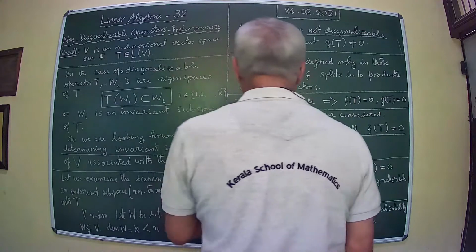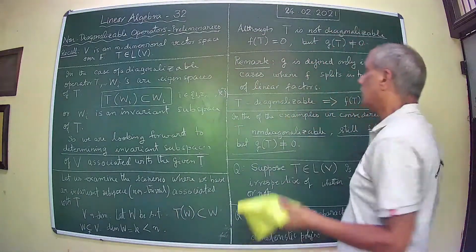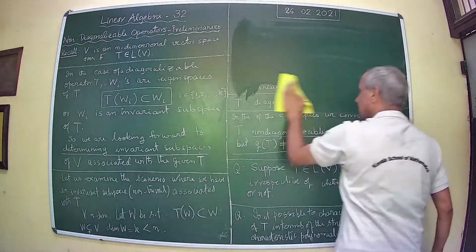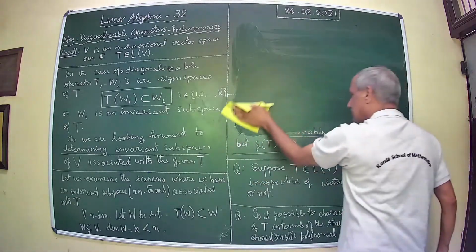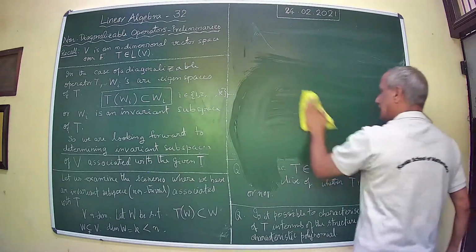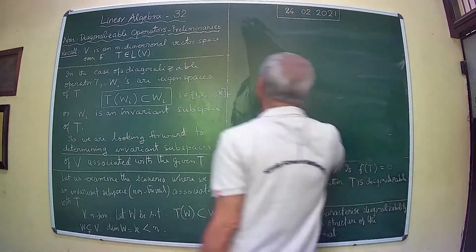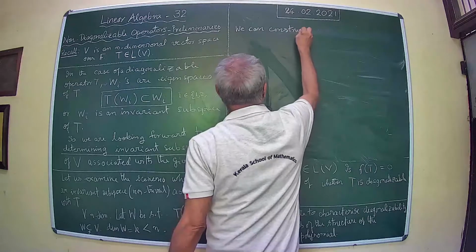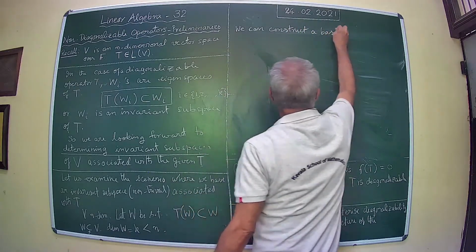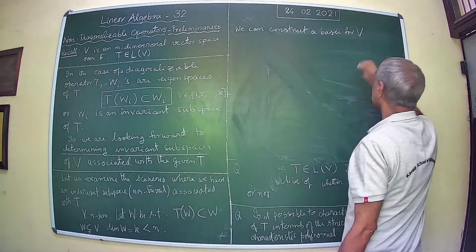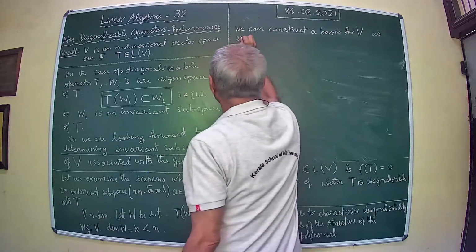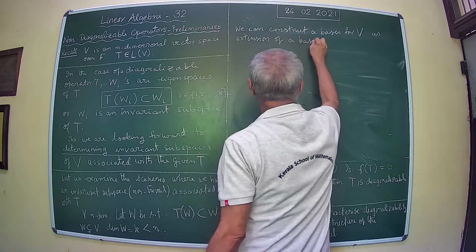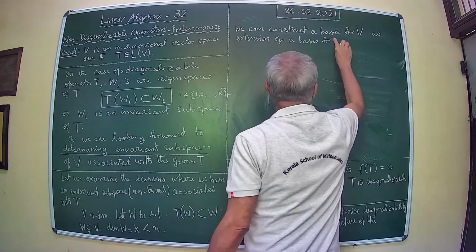Under this situation, what can we do? We can construct a basis of V as an extension of a basis for W.